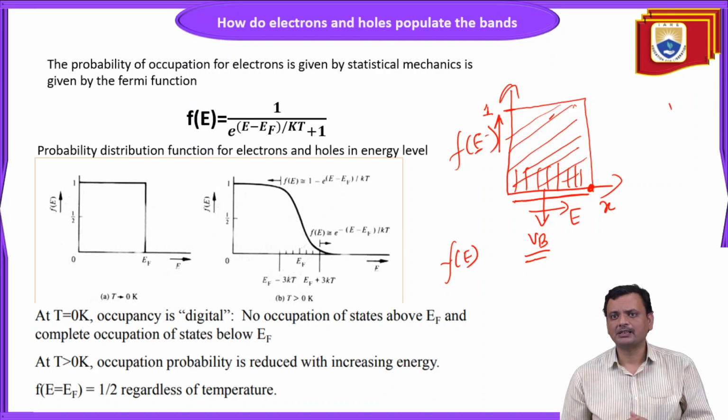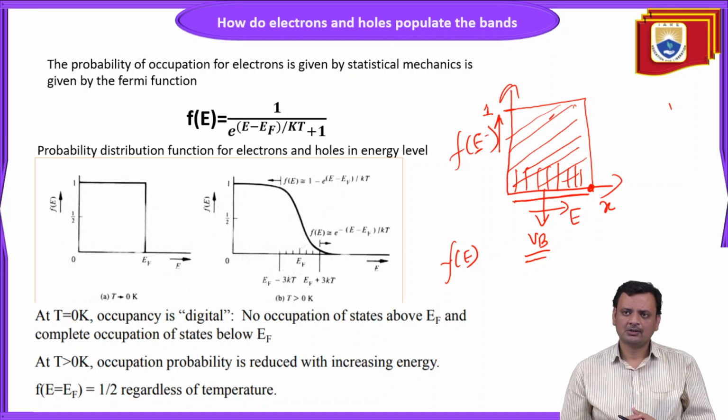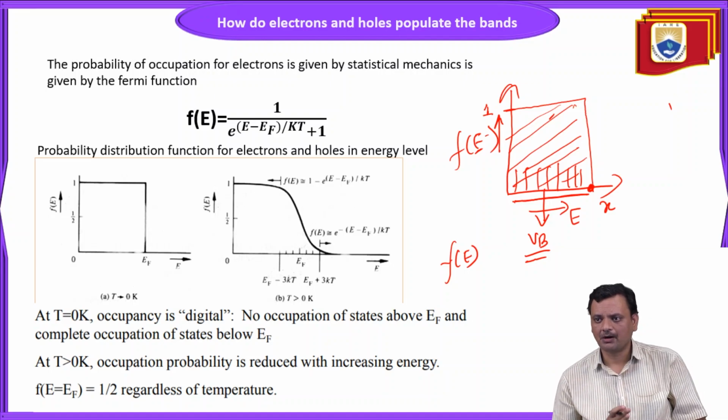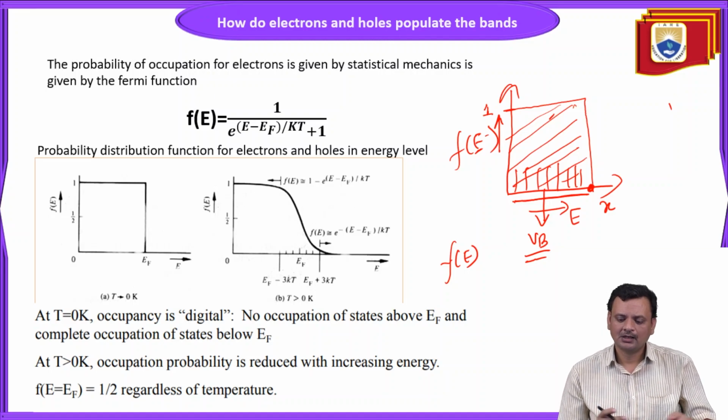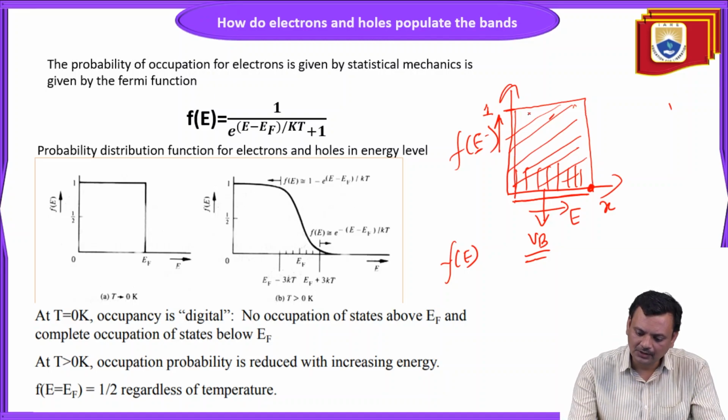There will be no charge carriers present or occupying any energy level which is not part of the valence band. So this whole region is the part of the valence band.